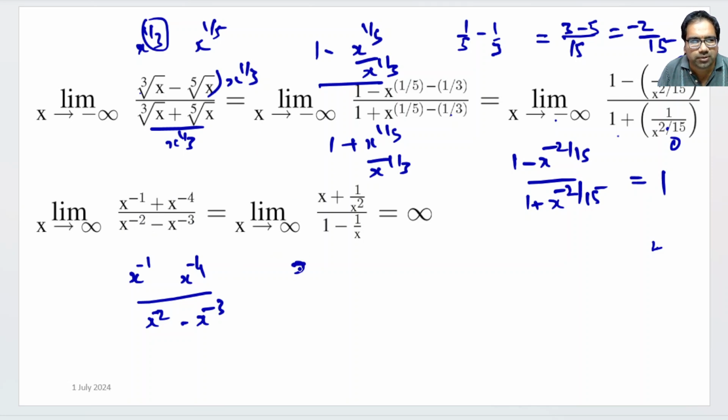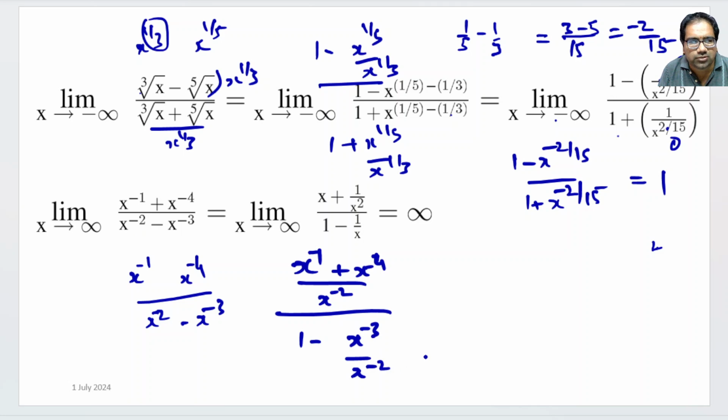What does that mean? x power minus 1 plus x power minus 4, whole by x power minus 2, and in the denominator x power minus 2 by x power minus 2 is 1, minus x power minus 3 by x power minus 2. This becomes, in the denominator, minus 3 plus 2, which is equal to minus 1, so this part is equal to 1 by x.